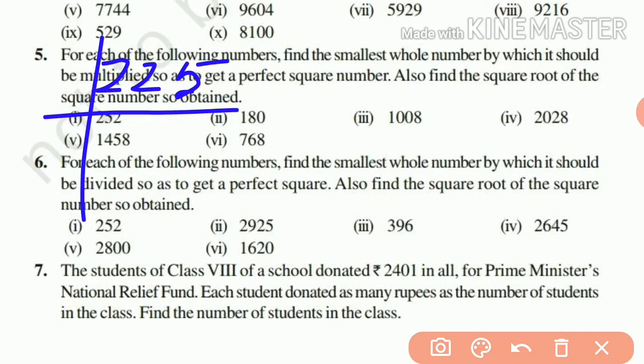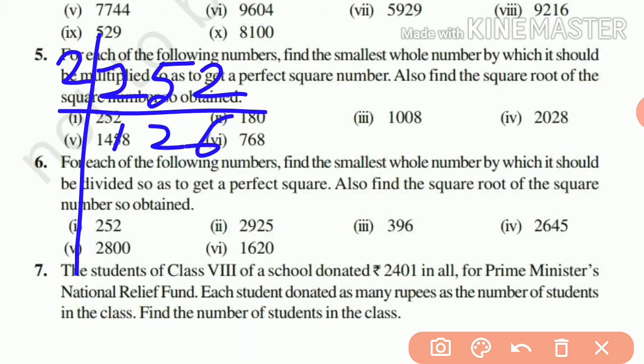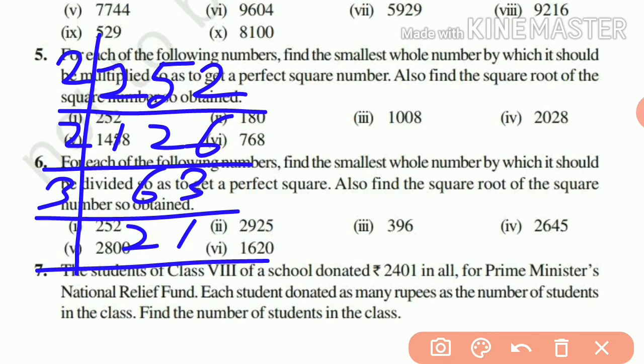We will divide this number by 2, and 2 1s are 2, 126, and then by 2, 2 6s are 12, and 2 3s are 6, and then by 3, 3 2s are 6, 3 1s are 3, then by 3, 3 7s are 21, and then by 7, 7 1s are 7.